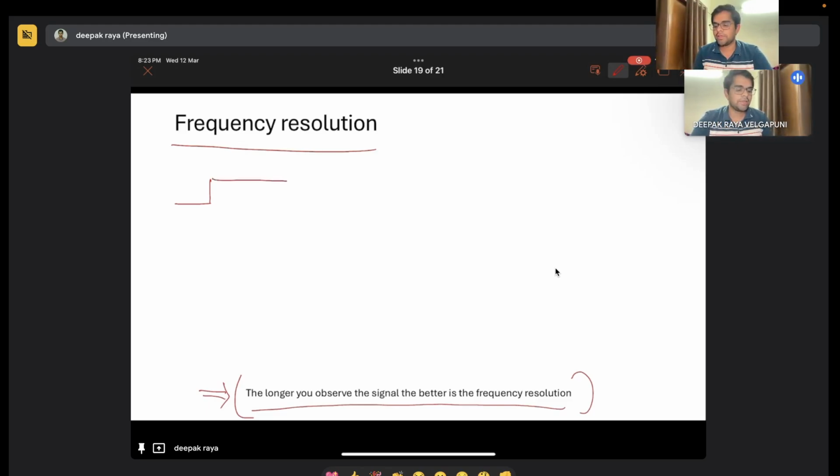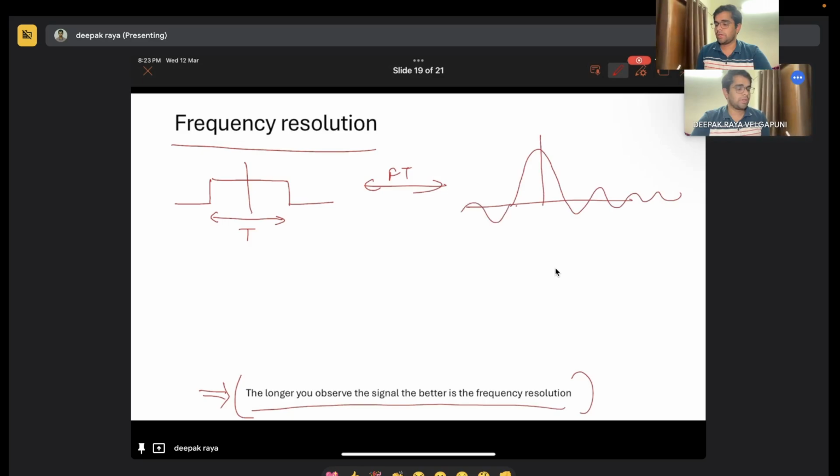If you take the rectangle of width T, its Fourier transform is a sinc function, and the neighboring amplitudes will decay very quickly, because it is proportional to 1 by frequency.